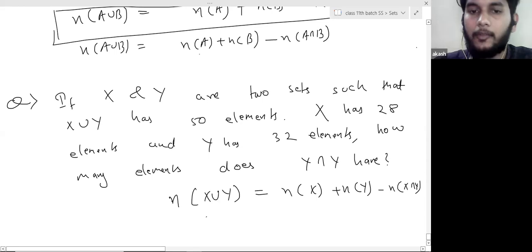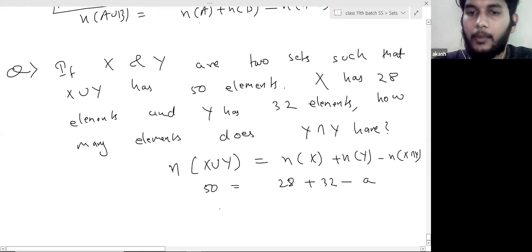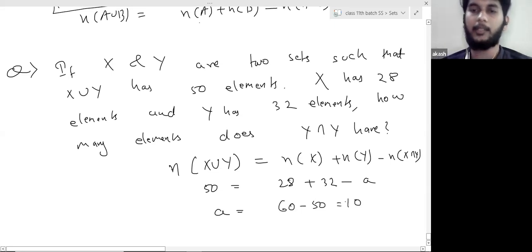So the value of this is 50 and this is 28 plus 32 minus, let's call this small a. So a will be 60 minus 50, and this is 10. So x intersection y has 10 elements. All right.